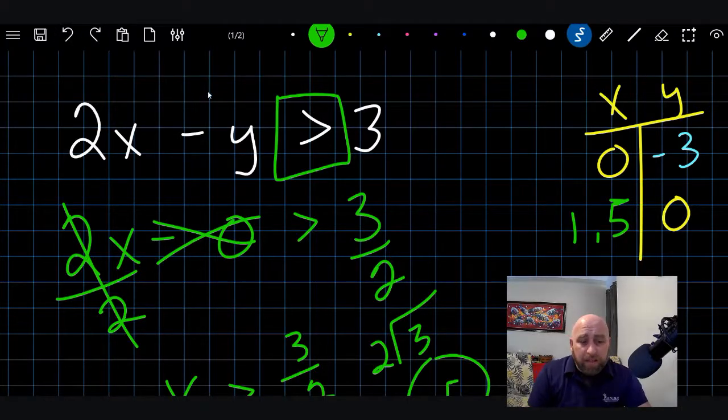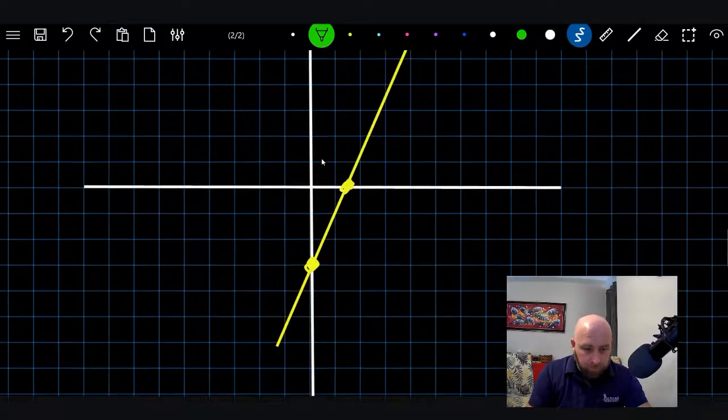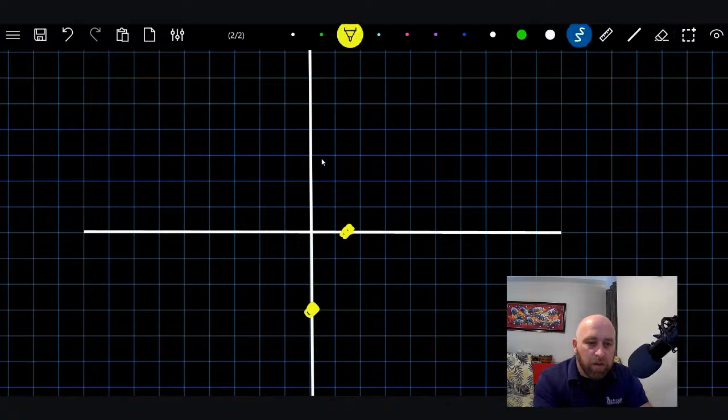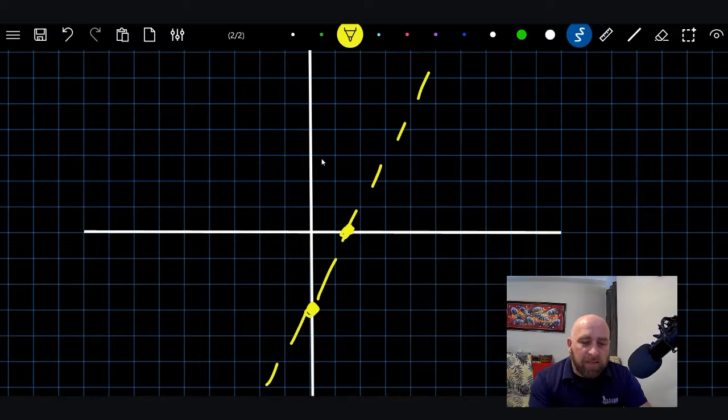When it is not equal to, so for instance this, it's greater than, what we're going to do is come down here to our graph and we're not going to use a solid line. We are going to use a dotted line. The reason why we're going to use a dotted line right there is because that will tell everybody that it is not equal to.